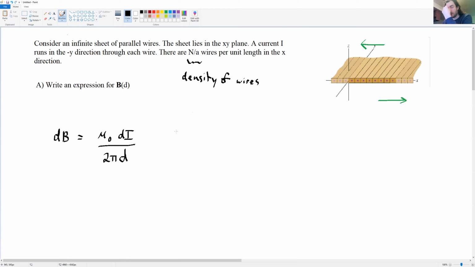If we say there's a small amount of current per wire, okay, there's something interesting going on here.